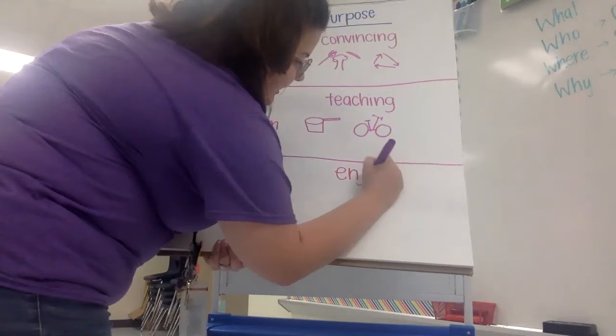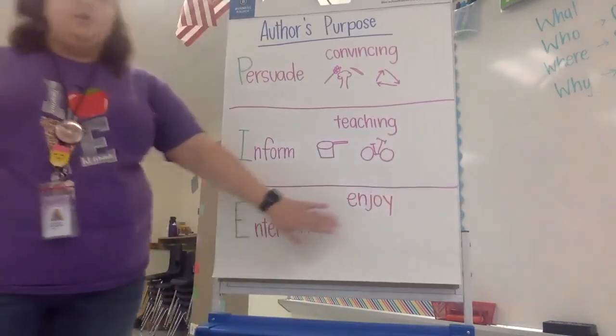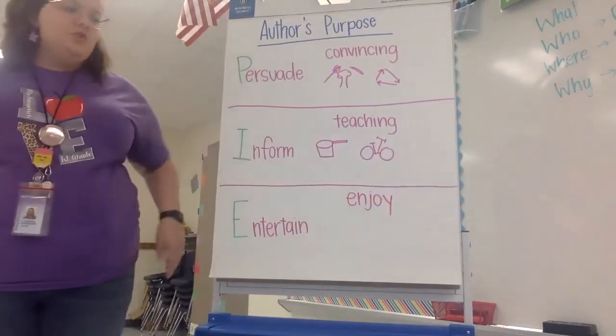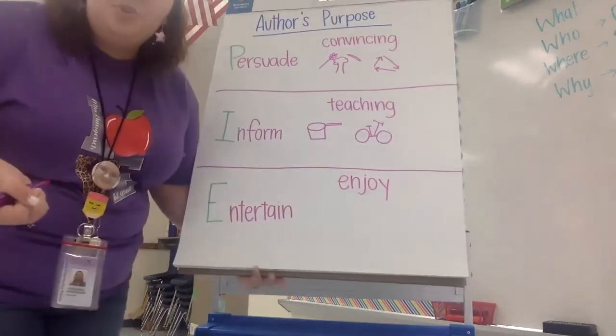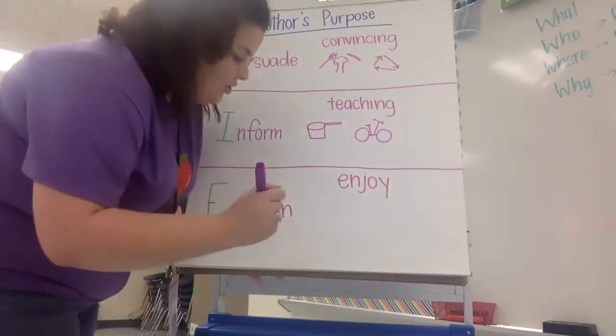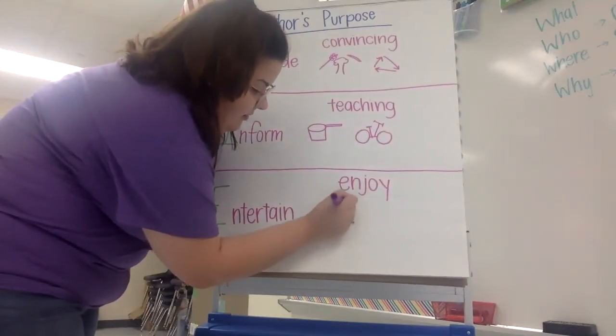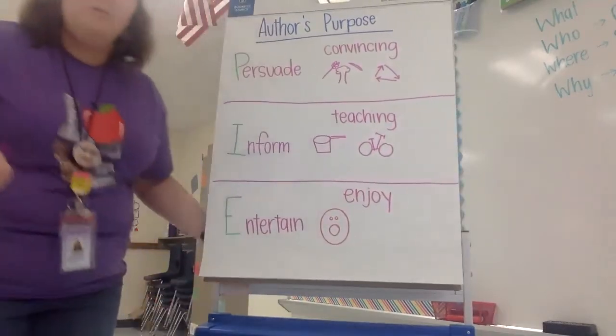So we're going to put enjoy. So we have entertain to enjoy. You might enjoy being scared. Some people really like when things jump out. Let's see, I'm going to put a scared emoji.